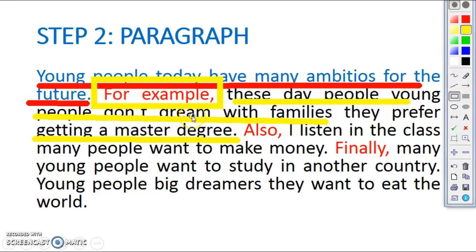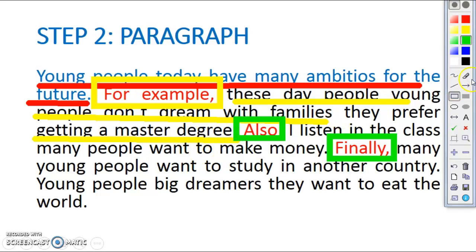For example, these days young people don't dream of families. They prefer getting a master's degree. I am joining my ideas. I can join the third idea as well using another connector. Also, I listened in class that many people want to make money. And I connect the following idea using another connector. Finally, many young people want to study in another country. Young people have big dreams. They want to eat the world.